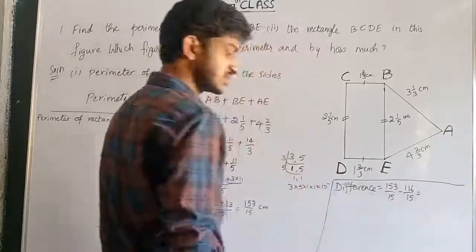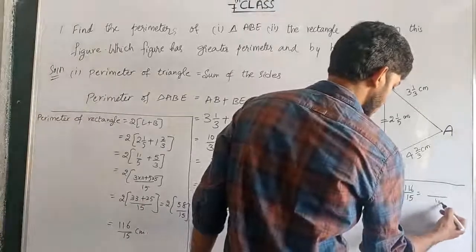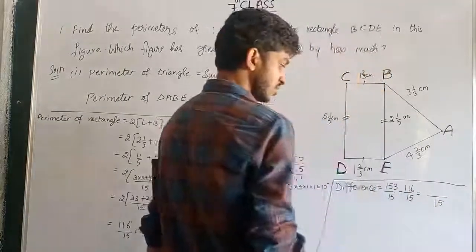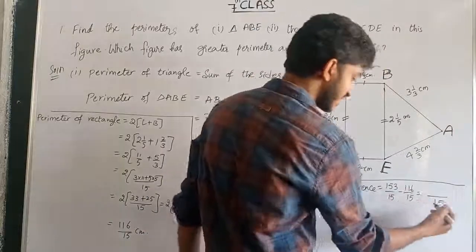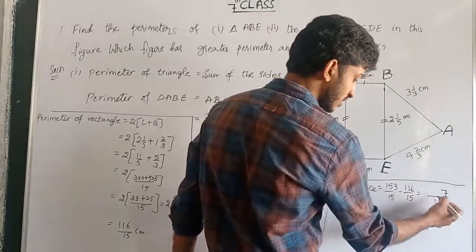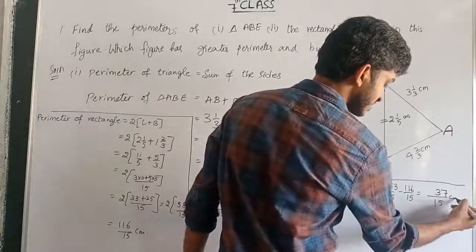So here if you do the subtraction, since they are like fractions, you can directly subtract 116 from 153. 13 minus 6 is 7, and we have 4 here, 4 minus 1 is 3. 37 by 15 centimeters is the difference.